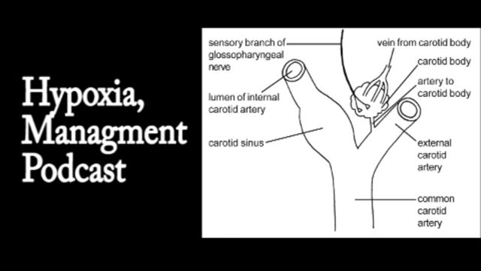Their tissues could be extremely hypoxic, but when you put an oxygen saturation probe on them, you find out that the oxygen saturations are 100%. But in actual fact, you're not measuring the oxyhemoglobin, you're actually measuring the carboxyhemoglobin, which of course is completely useless to your patients.